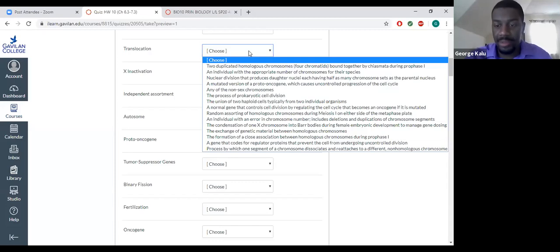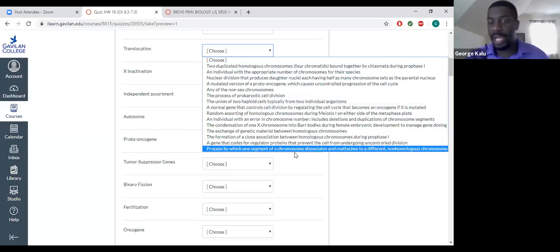Anyone have an idea? So movement of a part of a chromosome. On the right track, yeah. So Kimberly got it. So this is the process where a chromosome dissociates and it reattaches to a different non-homologous chromosome. So for example, if we're looking at chromosome 1 and chromosome 4, okay, those ones are non-homologous chromosomes. They should not be linking up with each other. Okay. But if they end up exchanging some of their genetic information across non-homologous chromosomes, that's where we end up with a translocation. So this is a type of mutation that can develop. Perfect.